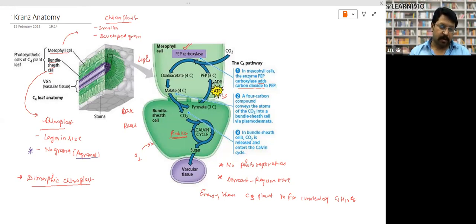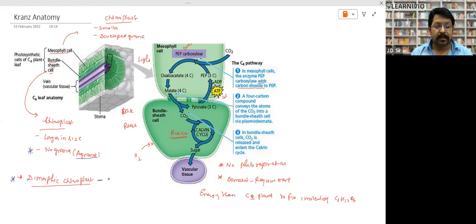Again, around the bundle sheath cells, there are mesophyll cells. Mesophyll cells have chloroplasts which are smaller and they have developed grana, right? So there are two kinds of chloroplast. This is called dimorphic chloroplast. Where are dimorphic chloroplasts found?